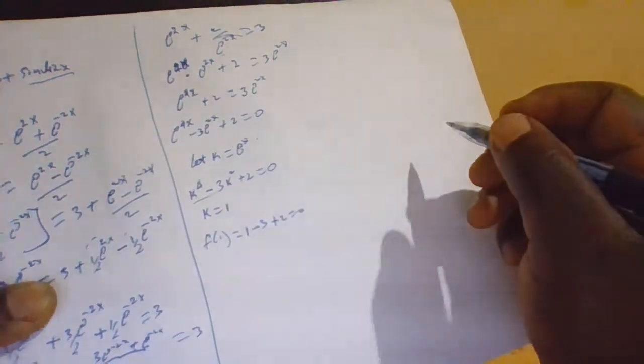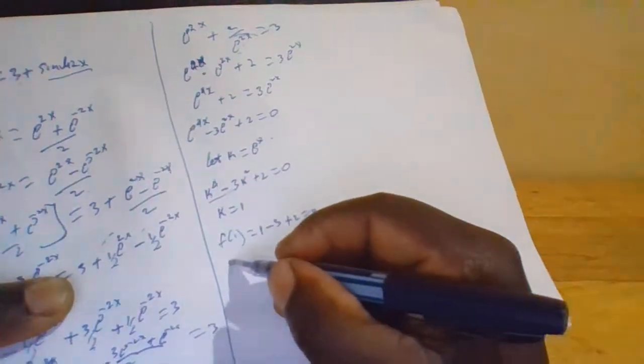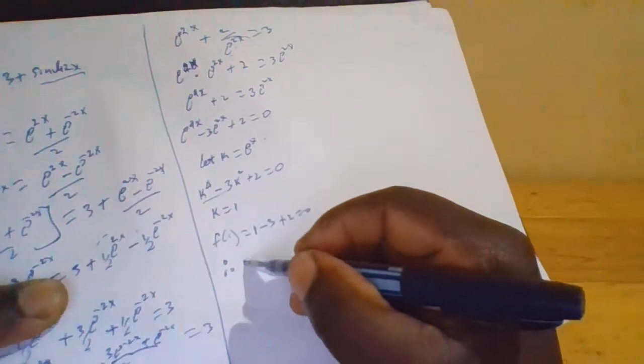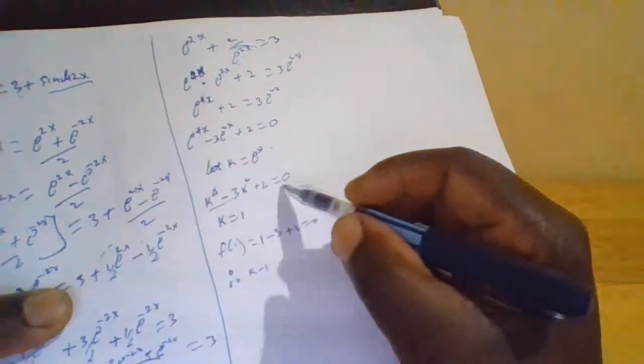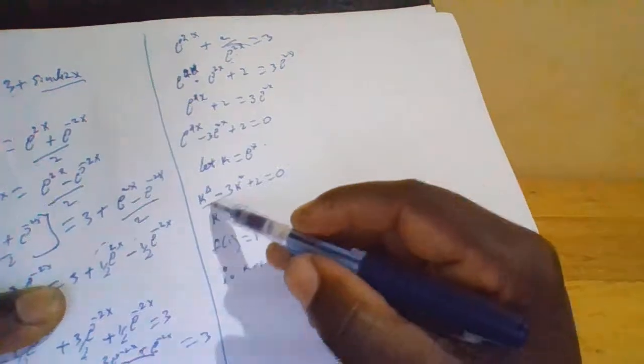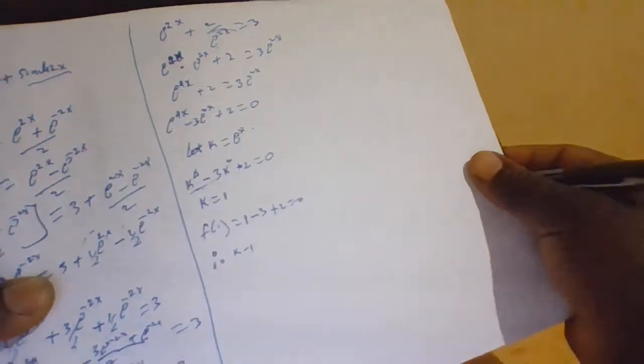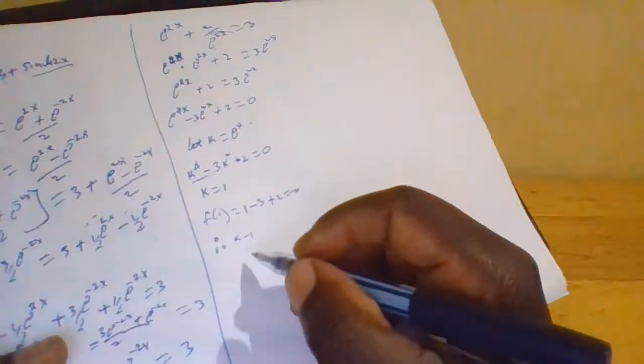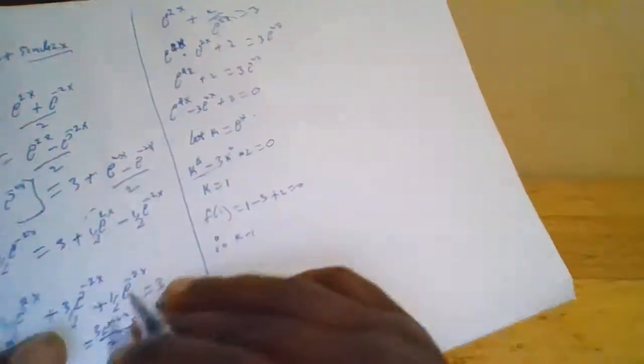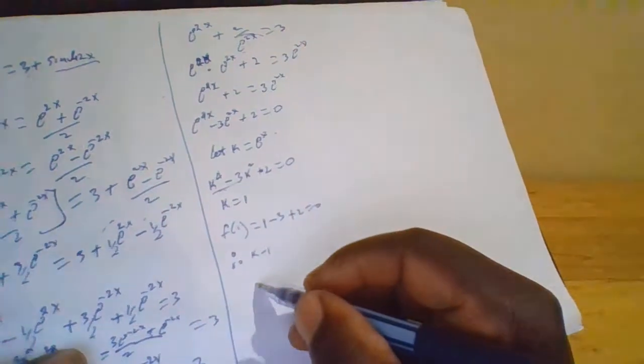This one will be 0. So therefore, k minus 1 is a factor of this equation, in that when we divide through this equation by k minus 1, we shall get 0. Therefore, we shall divide through by k minus 1.